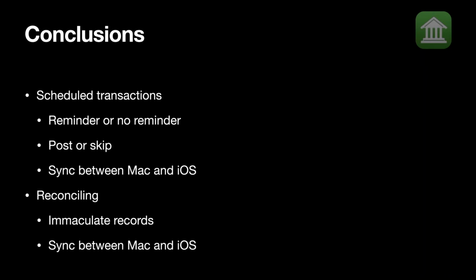Statements also sync between Mac and iOS, and new in iOS 8 is the ability to actually edit statements and reconcile on iPhone and iPad. So with that, I'm going to open it up to some questions.